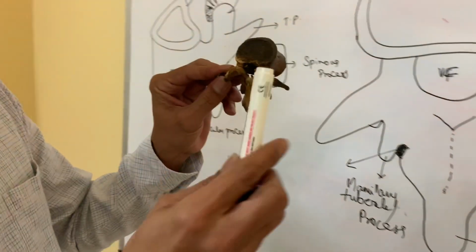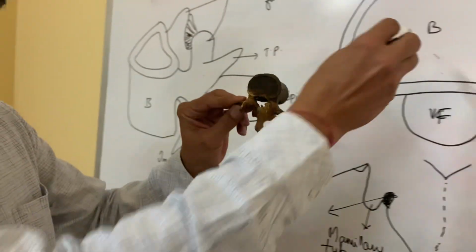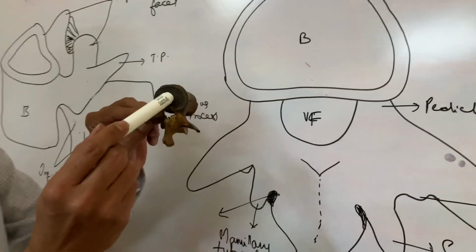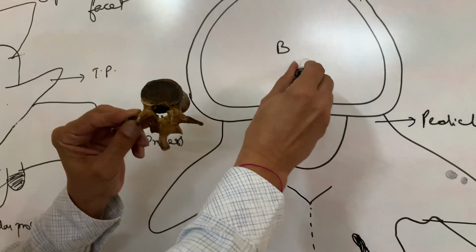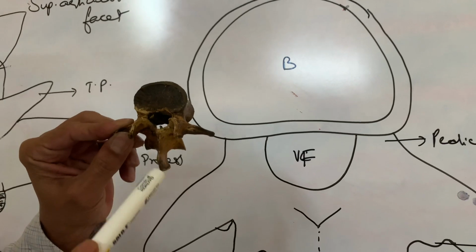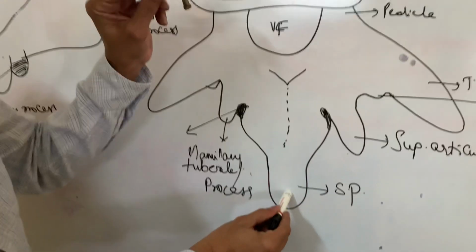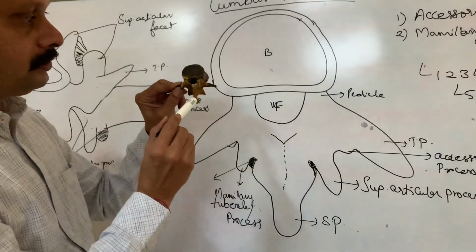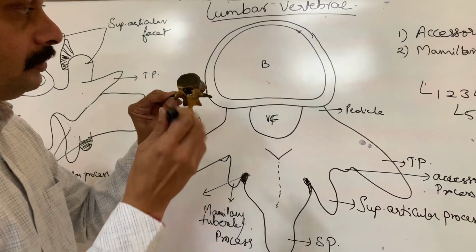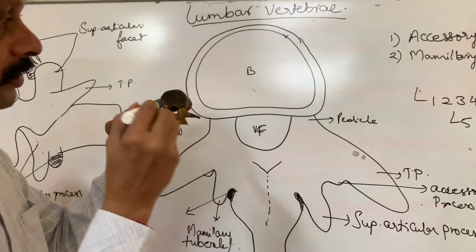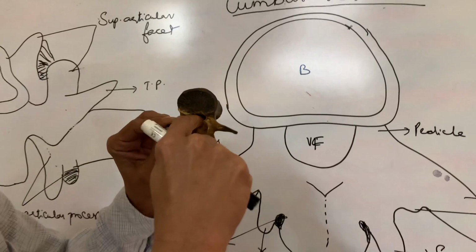It has a body in front, a spinous process behind, and this is the vertebral foramen, which is triangular and roomy.